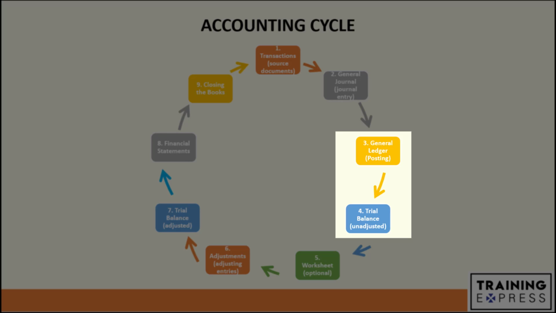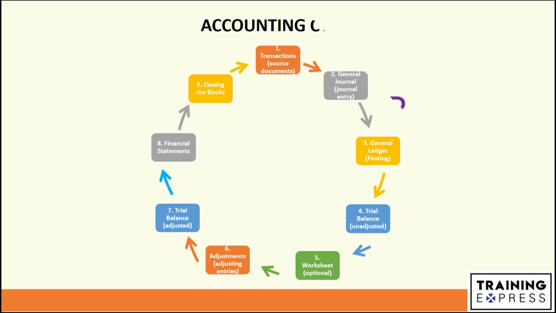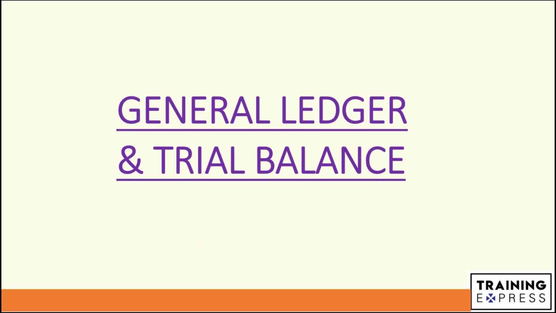Today we are going to talk about the next two steps, and they are general ledger and trial balance. So let's look at the discussion about step number 3, general ledger, and step number 4, trial balance. Now we will start our discussion about general ledger and trial balance in detail.